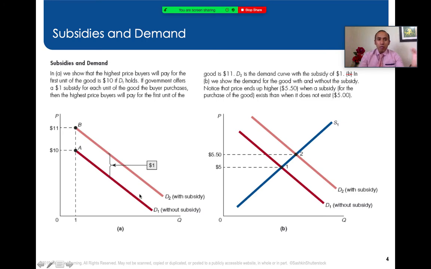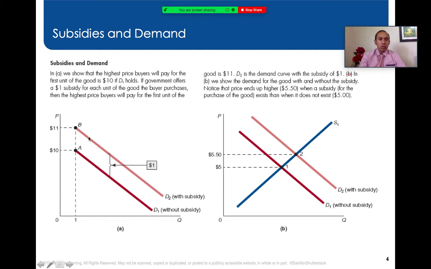If the government provides a $1 subsidy, government offers a $1 subsidy for each good the consumer buys, essentially providing a consumer an extra dollar. The consumers are going to increase the demand for that good or service. Here, with a subsidy, we have a new demand curve 2, D2.